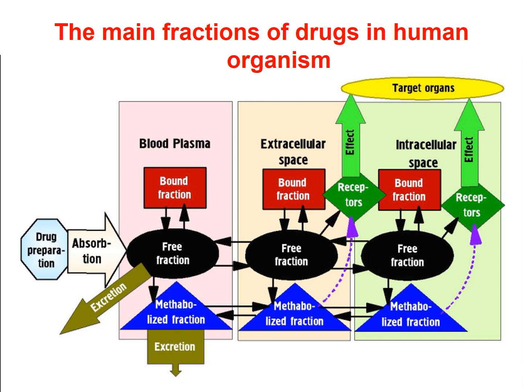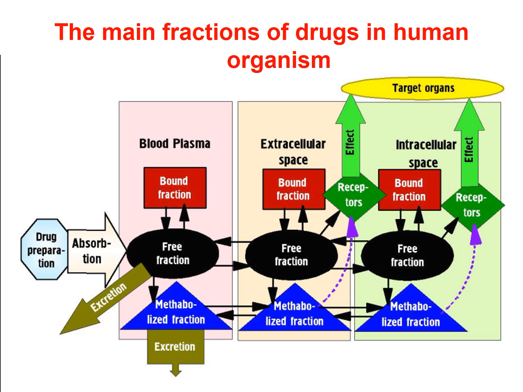The main fractions of the drugs in the human body are the bound fraction and the free fraction. Free fraction means that the drug molecules are freely dissolved in the different fluids of the body, such as in blood plasma, extracellular space, or intracellular space. Bound fraction means that the drug molecules are bound to some molecules, such as proteins.